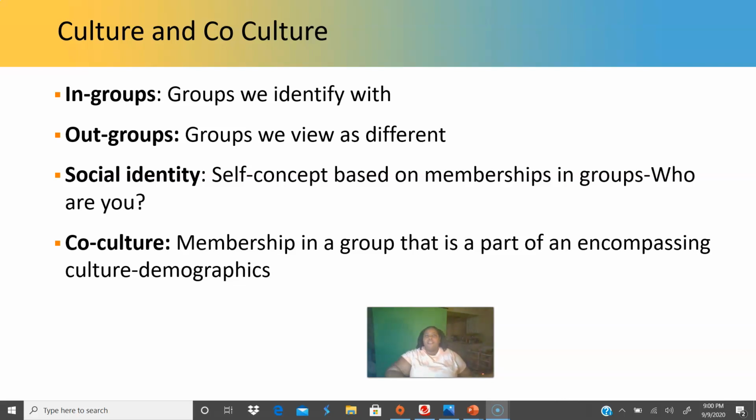I think I've earned the right to say that I'm Southern Californian. Not born and bred, but I spent the majority of my adult life in Southern California, so I can call myself Southern Californian. Possibly. So the in-groups are groups that we identify with, and then we have the out-groups. Groups that we view differently.